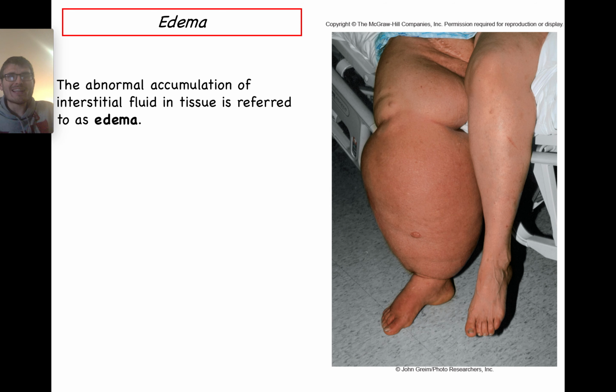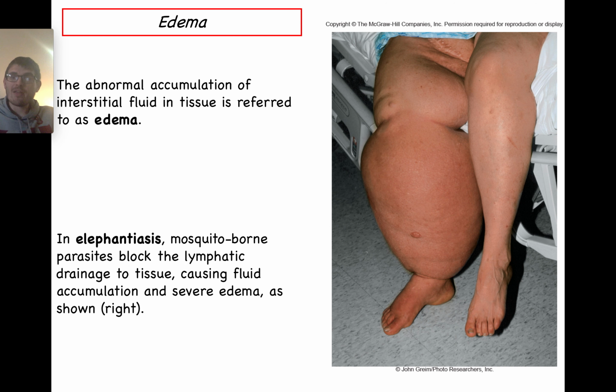And a perfect clinical example of how and why things like this can go wrong is what you know to be swelling, also called edema. The kind of drastically severe case that you're looking at here is a disease called elephantiasis. Elephantiasis is caused by parasites which are carried by a mosquito vector.